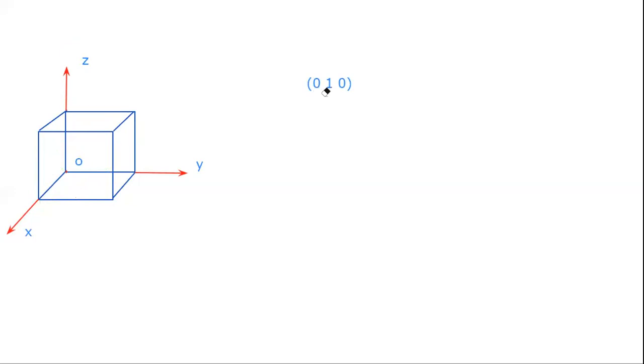Okay, so how to draw 0 1 0 plane? So X direction is 0, here Y direction is 1, and Z direction is 0. So how do you draw this plane?